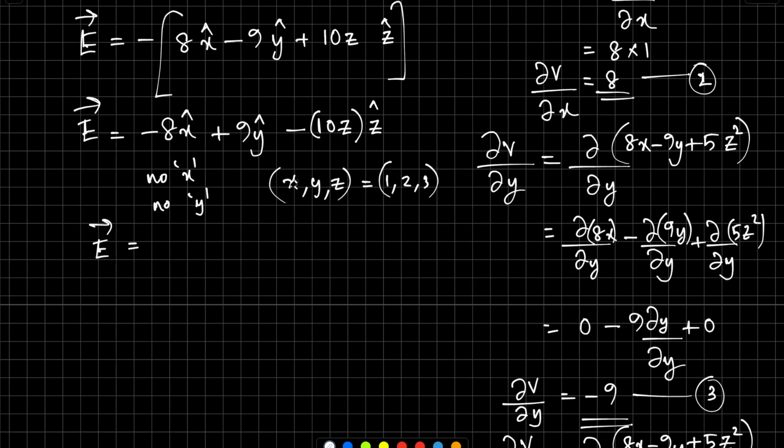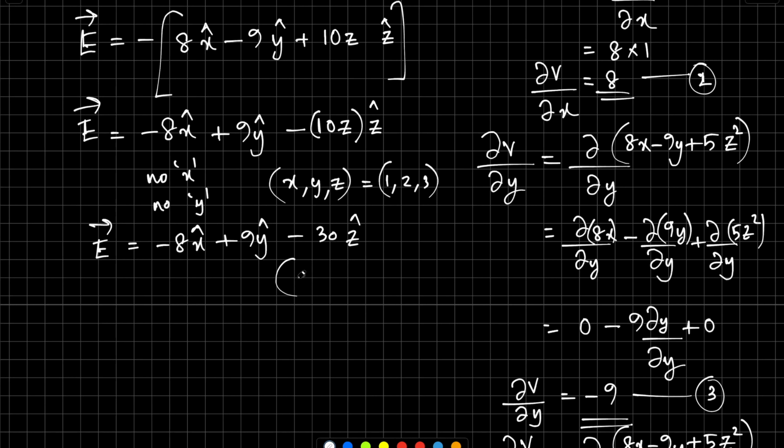But we don't have x in our equation to replace it with 1. We don't have y in our equation to replace it with 2 either. But we have z, right? So we're going to replace z with 3. So minus 8x cap plus 9y cap minus 10 times 3 z cap, and 10 times 3 will be 30, so 30 z cap. That's my electric field vector if this is the coordinate.